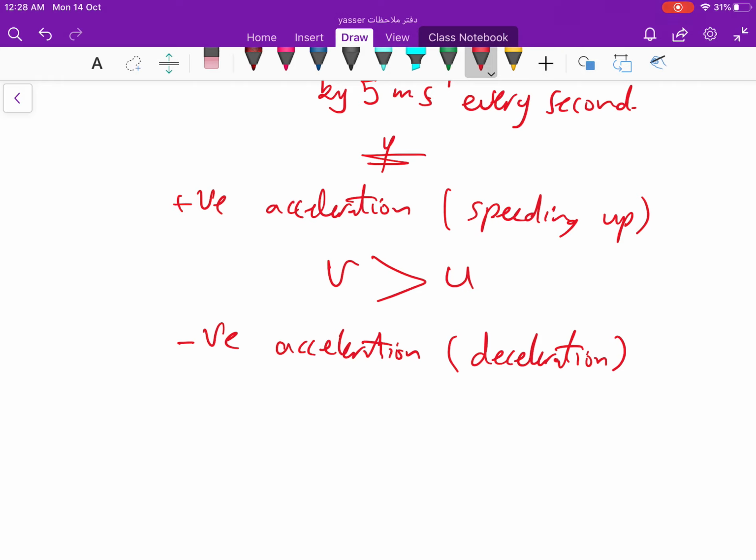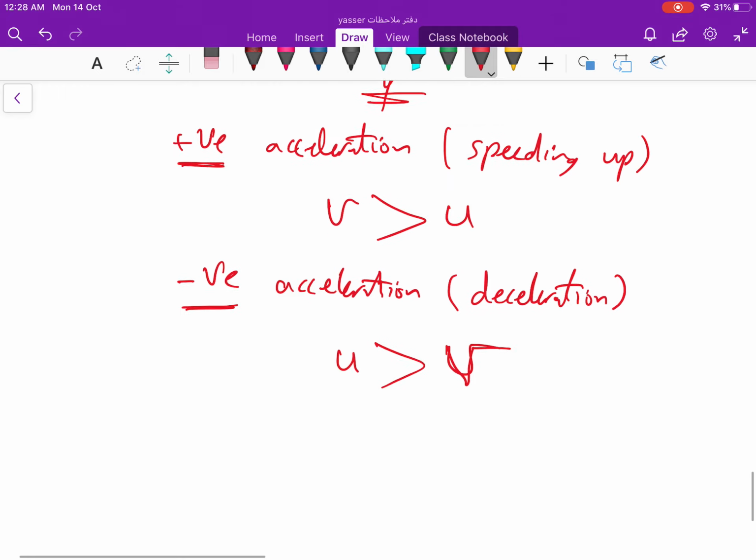In this case, the initial velocity is greater than the final velocity. It's like we are using the brakes. So if the driver is using the accelerator, we have positive acceleration. If the driver is using the brakes, we have negative acceleration.